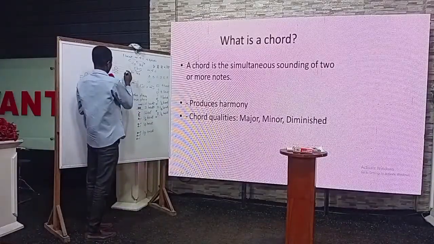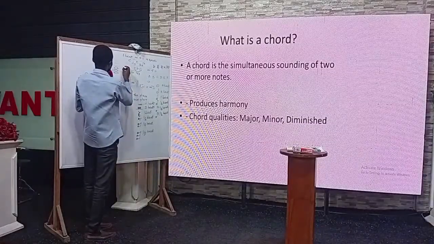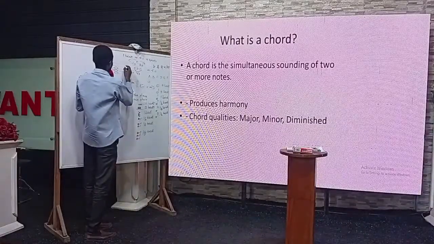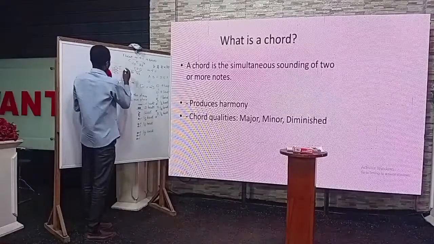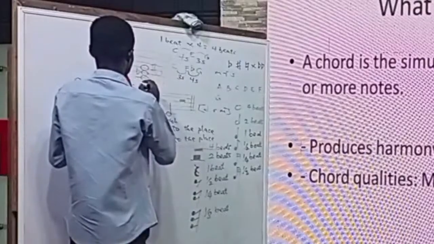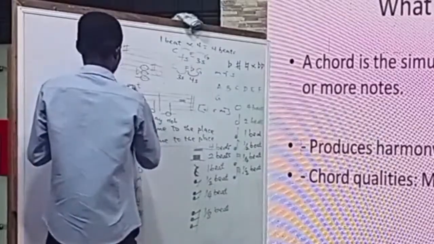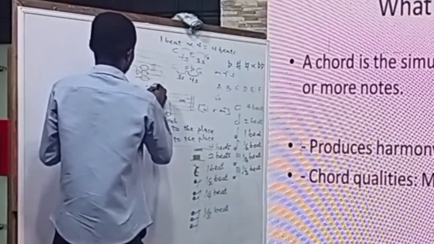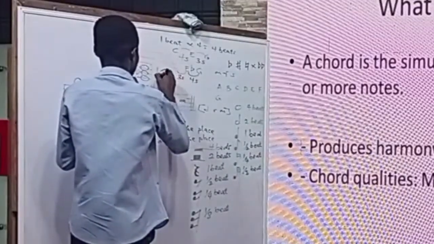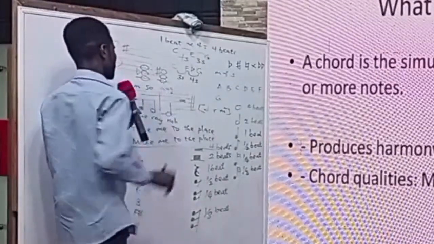We can have something like this, for instance, Fa. And now, for instance, if we have Do, Mi, and a raised So, this is an example of an augmented triad.